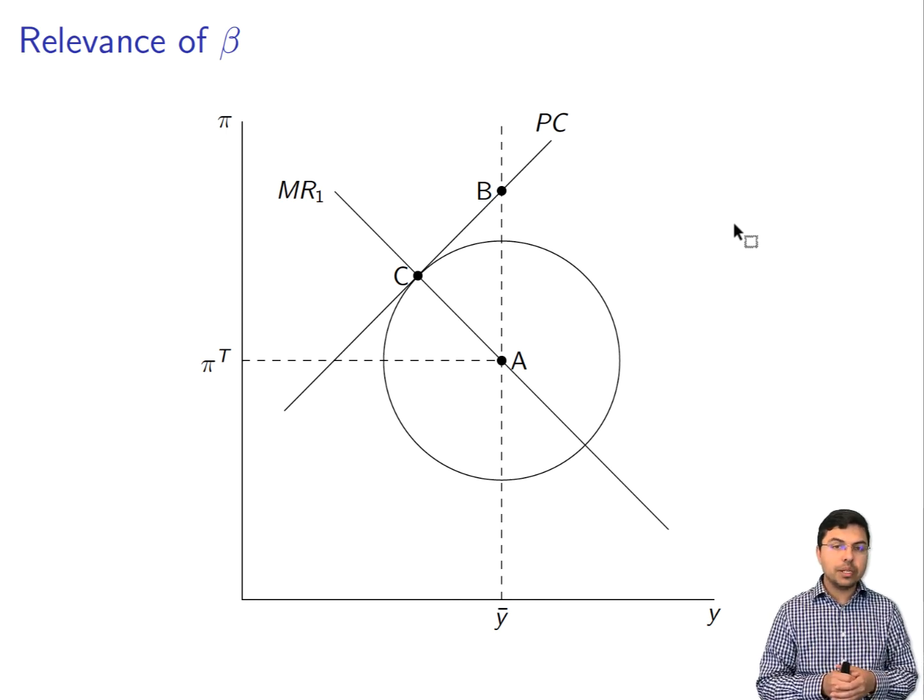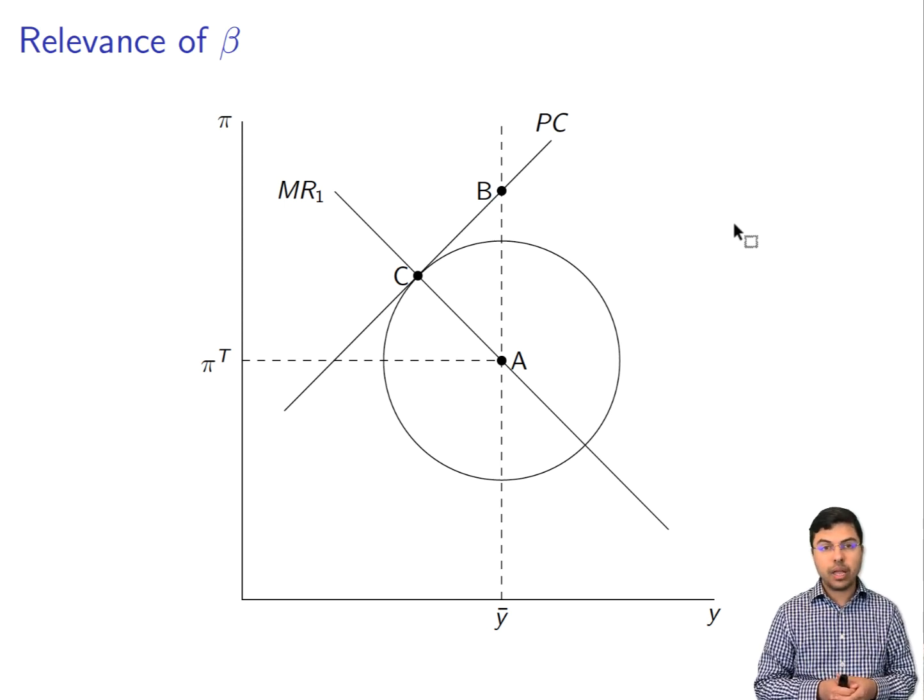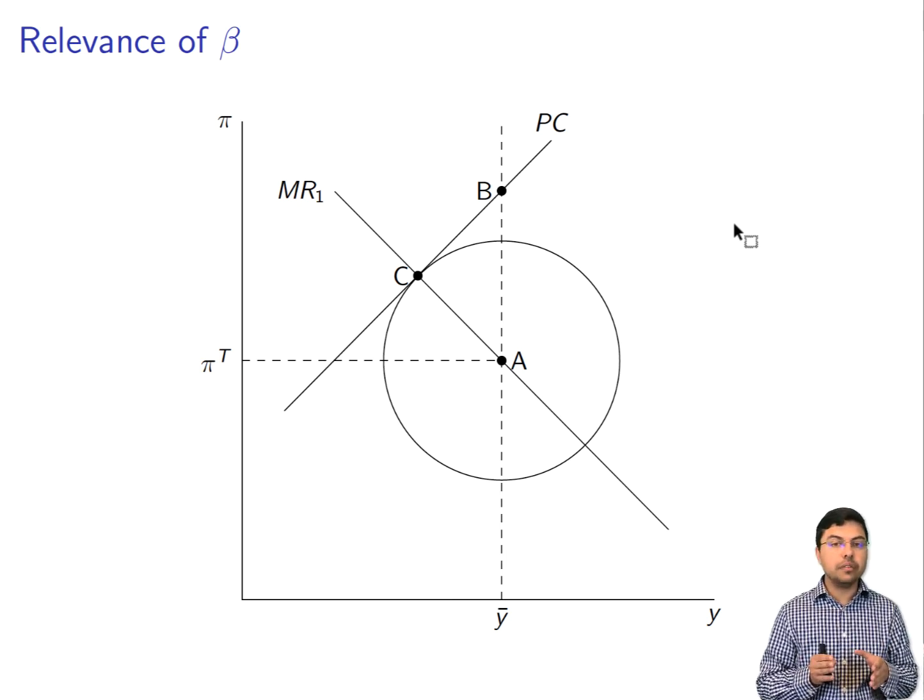Now let us assume that the economy is hit with a negative supply shock, and as a consequence, the Phillips curve is not passing through the bliss point A, but is as shown in the figure. As we have learned from the previous lecture, the MR curve, MR1 in this case, passes through point A and point C.